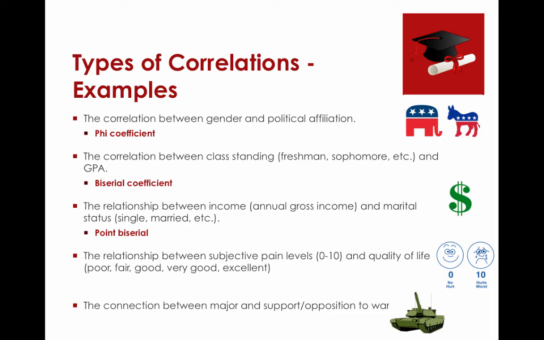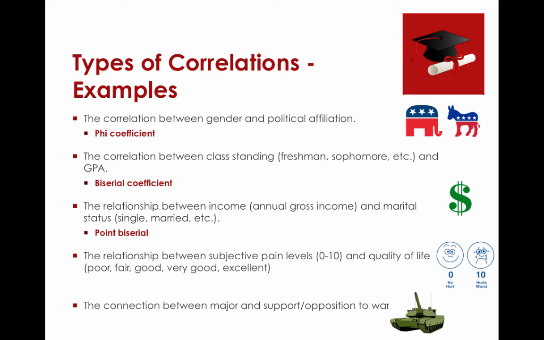Scenario number 4, the relationship between subjective pain levels from 0 to 10 and quality of life: poor, fair, good, very good, excellent. Well, both of these variables are going to be ordinal in nature, right? Even though subjective pain levels have numbers, we can't really measure these numbers.